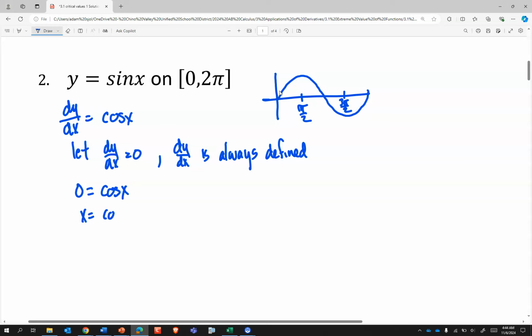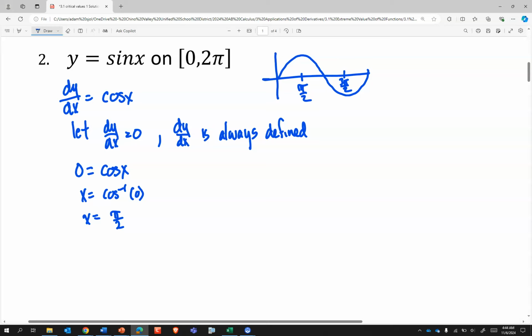X is equal to inverse cosine of 0. And that is pi halves. And then we do, I forgot what you guys called it in trigonometry. So, oh, my pen has stopped.